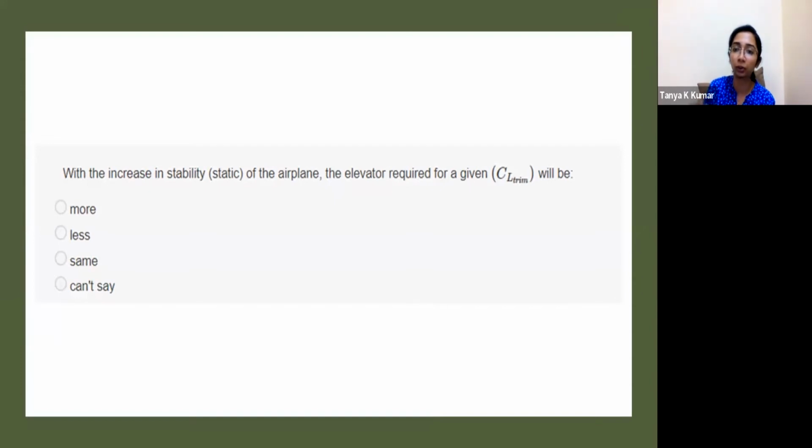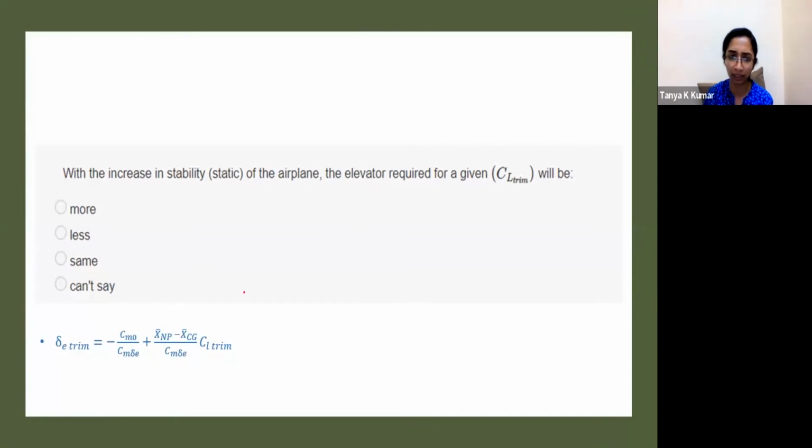What is the equation to trim? How do you find out the delta E to trim the aircraft at a given CL trim? Yes, okay, let's look into it. The equation to trim is this. Delta E trim is delta E naught, which is minus CM naught by CM delta E, plus this X bar NP minus X bar CG, which is your static margin, by CM delta E, into CL trim.